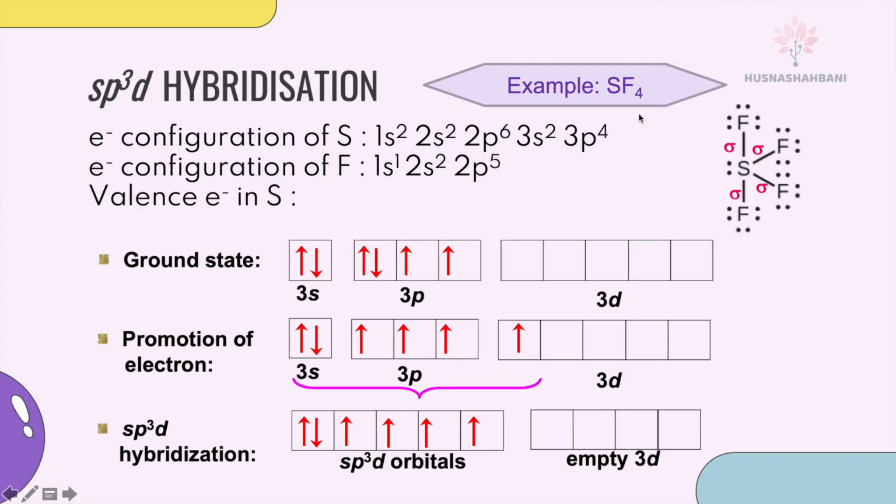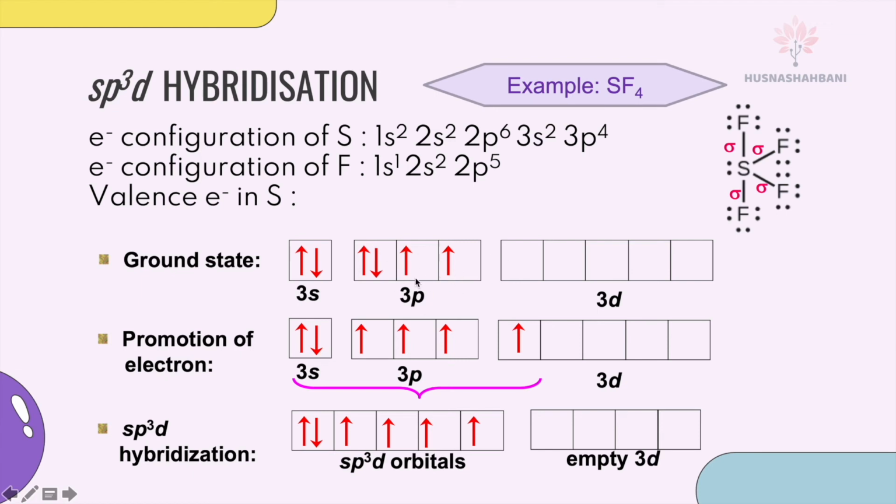Next example, SF4. Write the electronic configuration for all atoms in the compound, and then write the orbital diagram for the valence electrons of the central atom. The valence electrons of the central atom S are 3s2, 3p4, so 2 electrons in 3s, 4 electrons in 3p.